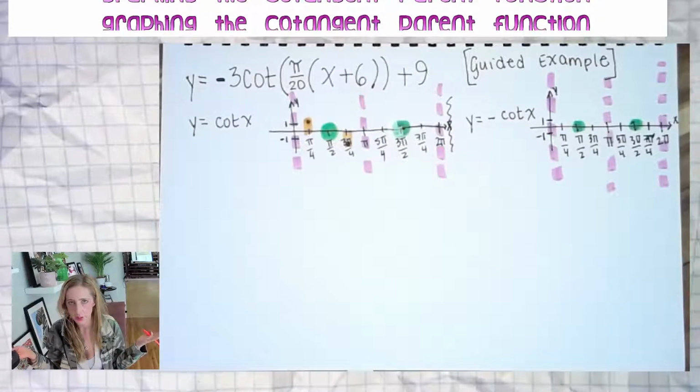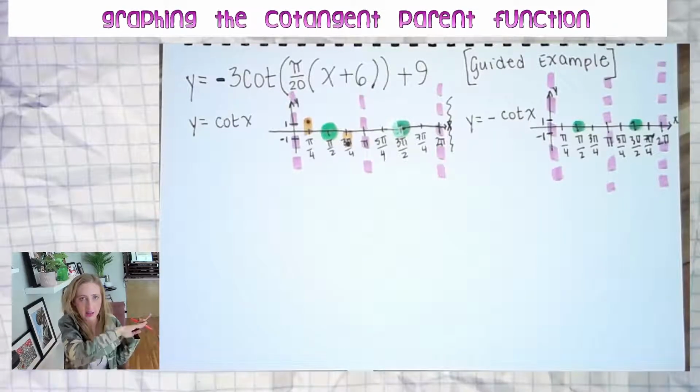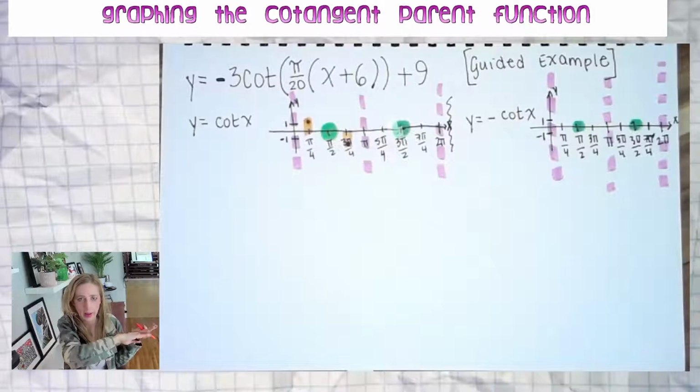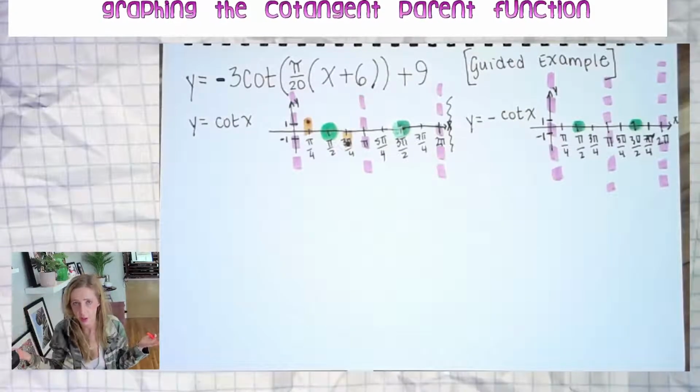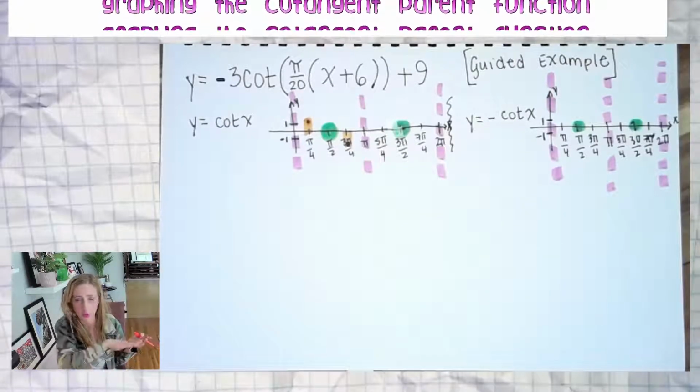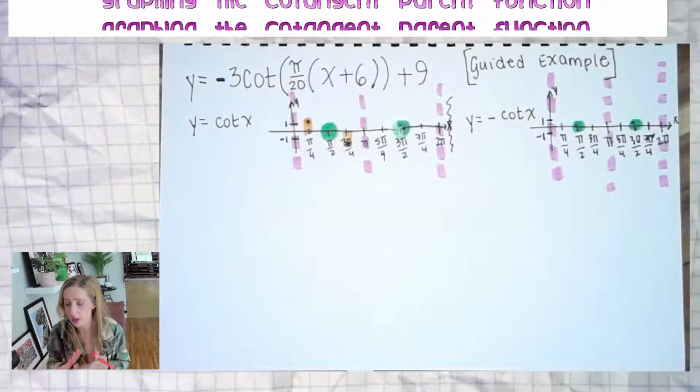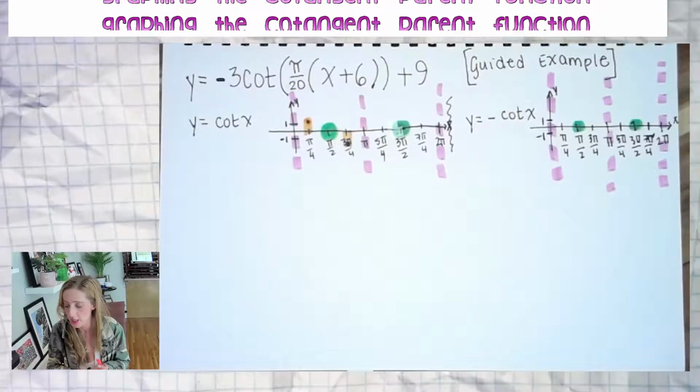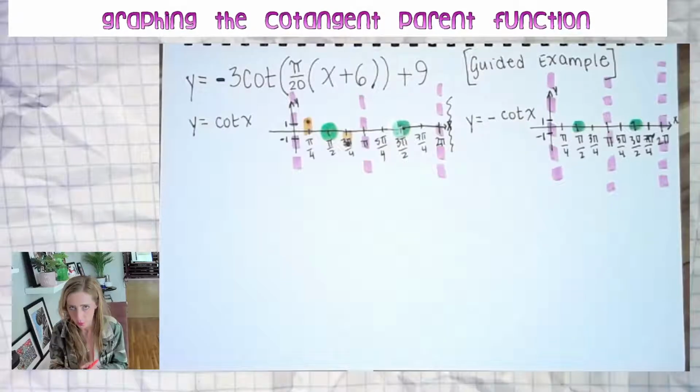So 0 to pi, everything we saw here repeats exactly the same from pi to 2 pi. And again, it repeats until 3 pi, repeats again until 4 pi. So the period is not 2 pi over b for tangent and cotangent, it's just pi over b.